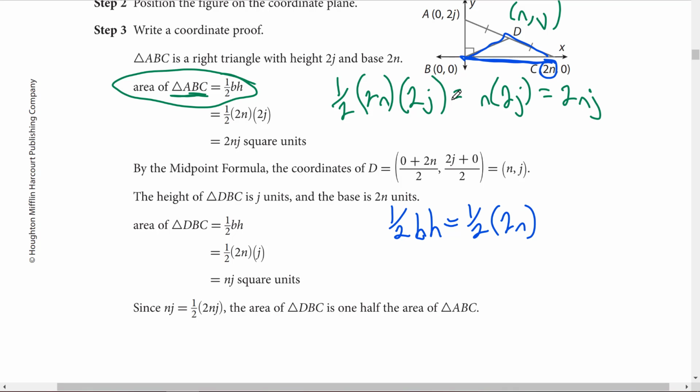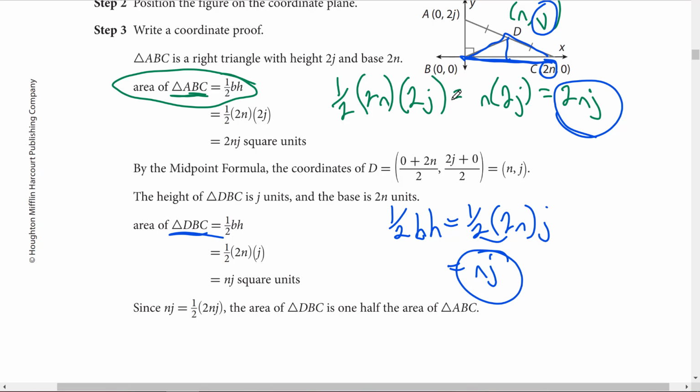My height, however, is the y-coordinate of D, which is j. So if I simplify that, 1/2 times 2 is just 1. So I've got nj. If I look at that, did I prove what they asked me? Is nj half as big as 2nj? Well, it is, because another way of saying DBC is half of ABC is saying that ABC is twice as big as DBC. And since there's a 2 in front of it, we know it is.